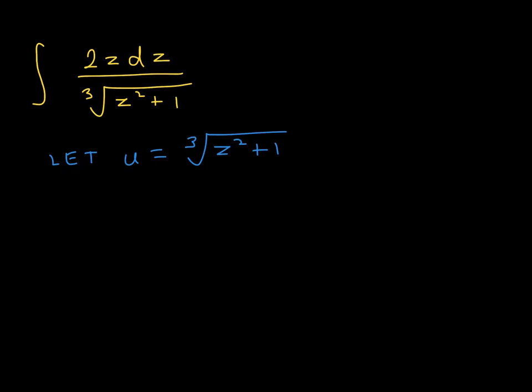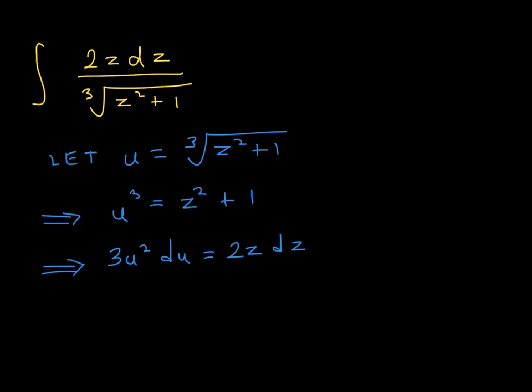Now, I think what we should do at this point is cube both sides, because if we get rid of this cube root, u cubed is equal to z squared plus 1, right, everybody? And now if we differentiate both sides, the left-hand side differentiated with respect to u would be 3u squared du, and the right-hand side differentiated with respect to z would be 2z dz, right?